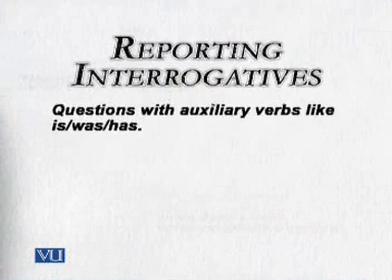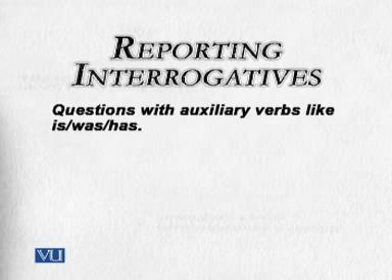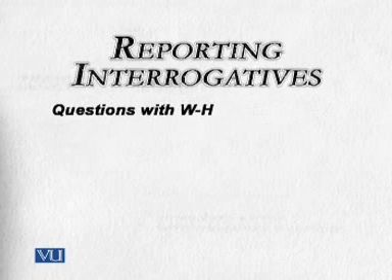Number one, I would say auxiliary verb. For example, making questions with the help of is, am, are, was and were, has and have, or do, did and does with auxiliary verbs. Number two, making questions with the help of WH words, like who, what, when, where, why, and how, these 6 WH words.